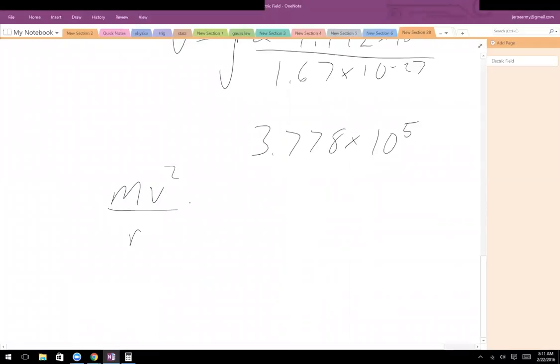On the other hand, for a magnetic field, you're going to have Q times V times B, and then sine of theta, but if it's moving in a circle, then V is always perpendicular, so it's 1.